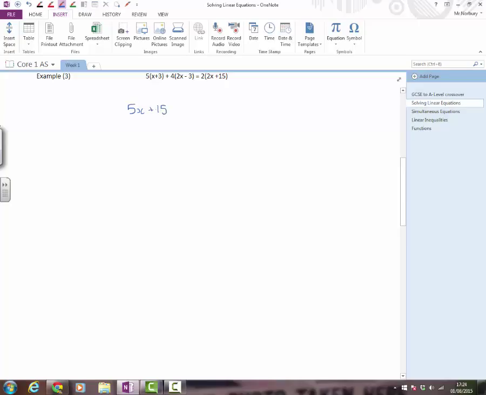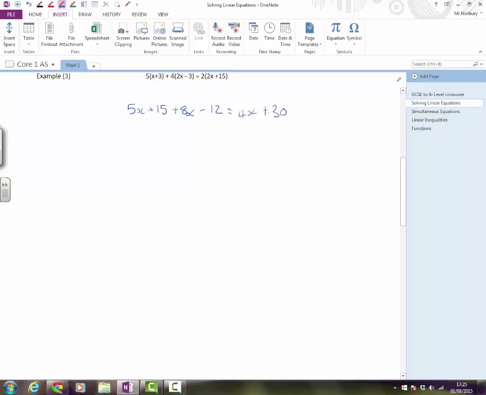At this stage I'm not drawing boxes or drawing loops in, you should be able to do this yourself, and that's why 4 times 2x is 8x, that's why we're in the A-level course. 4 times 3, but it's not 3, it's a negative 3, so 4 times 3 is 12, don't forget the negative, makes minus 12. And here we've got 2 times 2x is 4x, and 2 times 15 is 30, and it's plus 30.